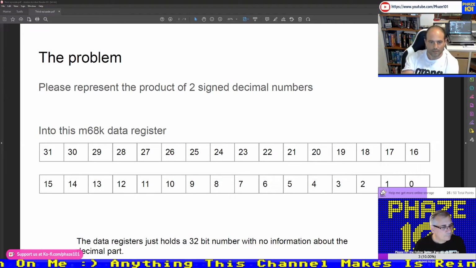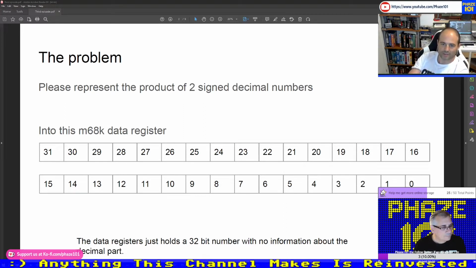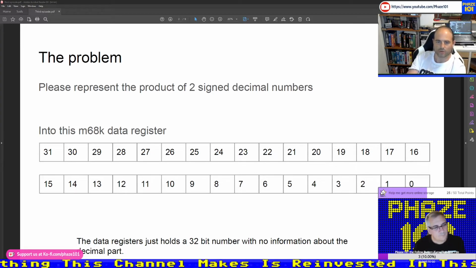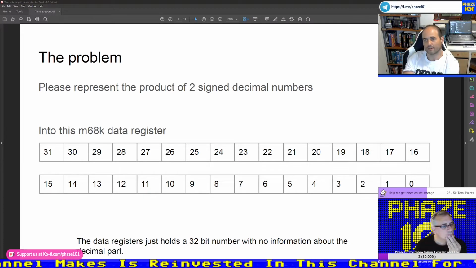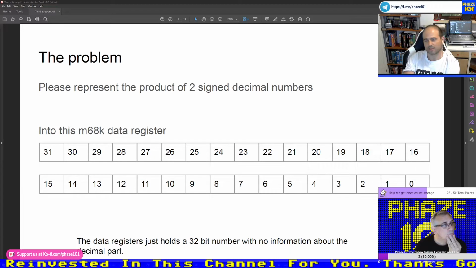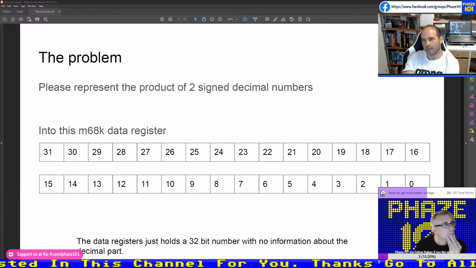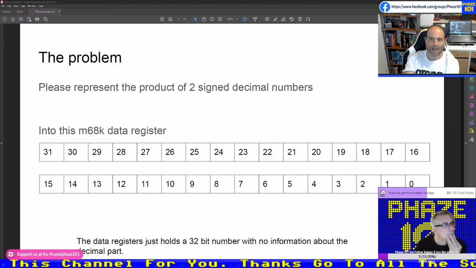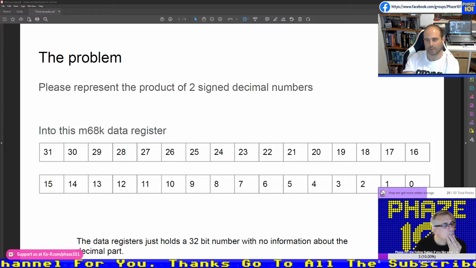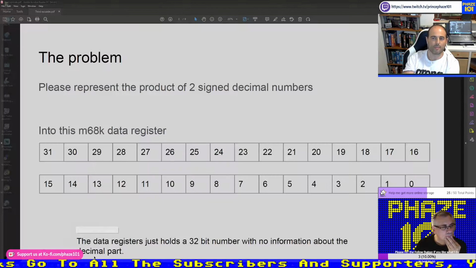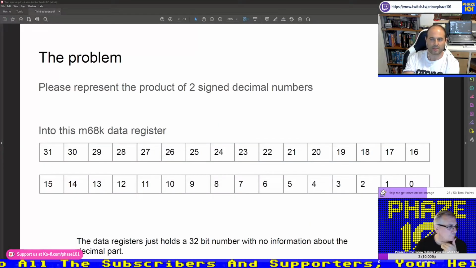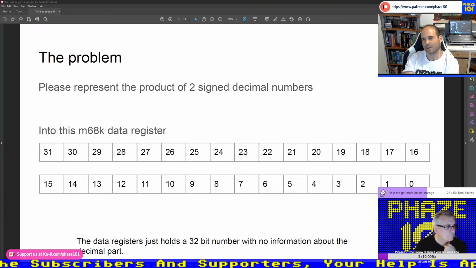So as I said, the data register just holds a 32-bit number with no information about the decimal part. There is some dedicated hardware that helps you to do this, and it's called FPU. Some high-end Amigas have an FPU, and this is another completely different story because they store the number with some math and multiplication, the mantissa and the exponent.